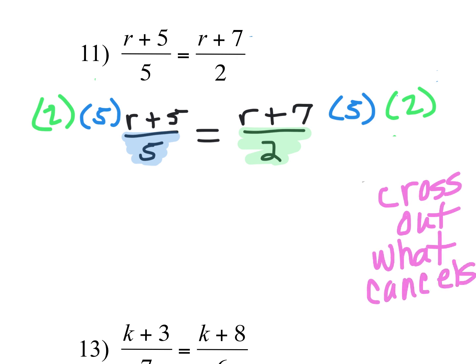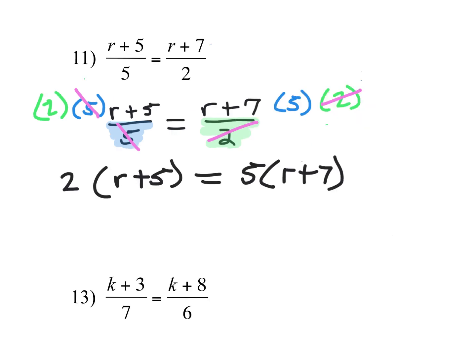This 5 and that 5, because those are inverses of each other, are going to cancel each other out because one's dividing and one's multiplying. And here, that 2, because I'm dividing by 2 and multiplying by 2, is going to cancel as well.